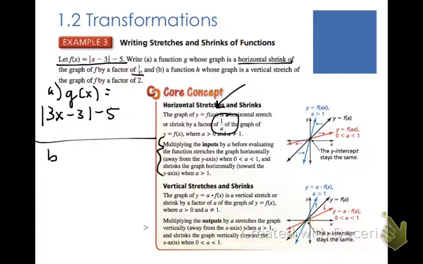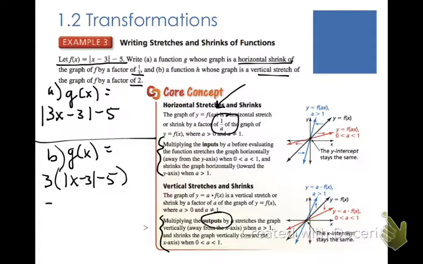Now B is asking for a vertical stretch. So verticals are straightforward, meaning if it gives you a factor number, you use that number. And you're going to multiply the outputs. So that means what the entire function equals. So our new function in this case will be, and I'll take 3, and then I'm going to multiply this entire function.